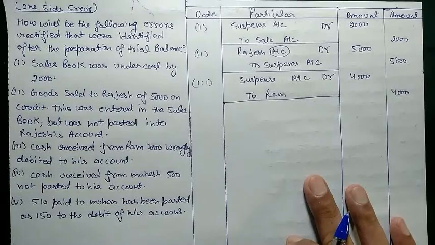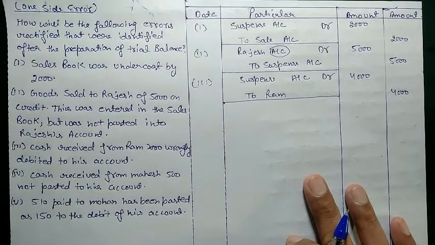They clearly mention that we forgot to post in his account. The entry for cash received from Mahesh is cash account debit to Mahesh. In this question they do not mention whether we posted in cash or not, so we take on our own that we have correctly posted in the cash account, but we forgot to post in the Mahesh account.